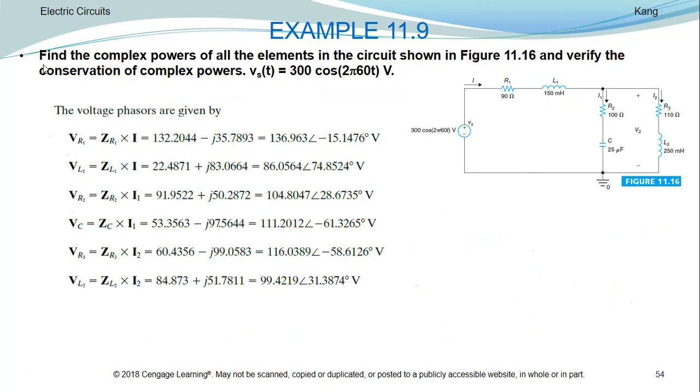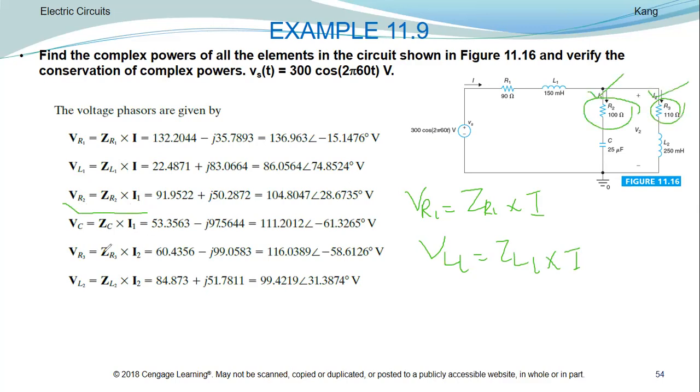Okay, so for the voltage parameters, I have to write here again that VR1 equals ZR1 multiplied by I. VL1 equals ZL1 multiplied by I, and ZR2 depends on I1. ZR3 depends on I3.